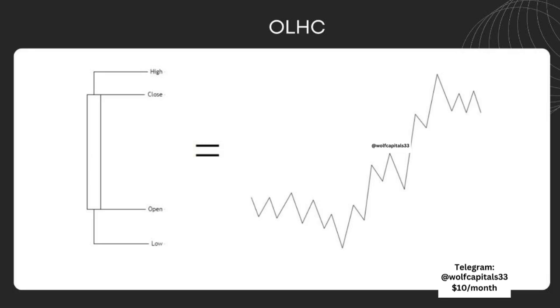Now remember that each time it will tell you a different story, and your job is to dissect and analyze what each candle is trying to tell you, right? And you're going to tell that based off of combining it with high time frame key levels and dealing ranges, right? And you're going to see what price has done close to the opening time or close to the closing time, right?